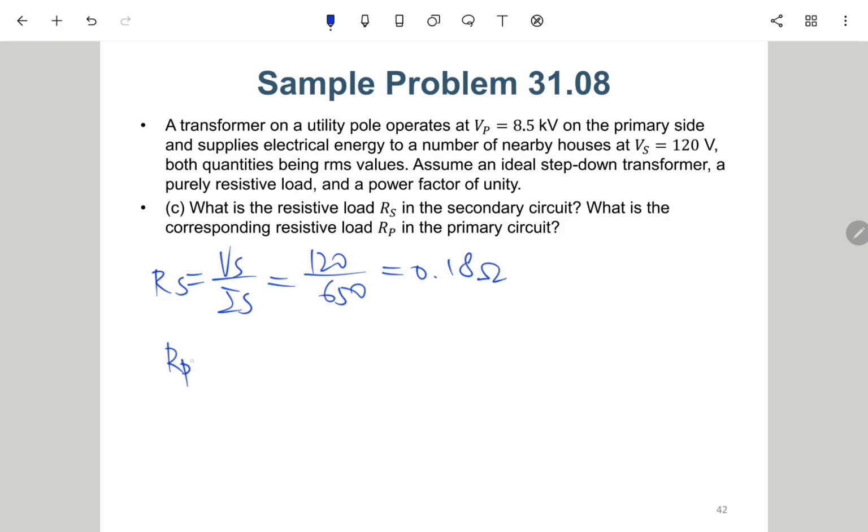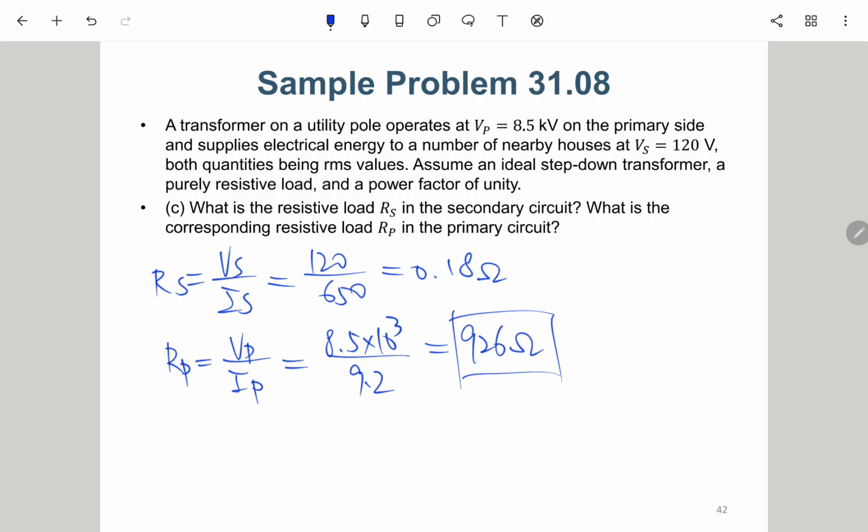And then for R_P, which is V_P over I_P, 8.5 times 10 to the third power over 9.2, this is 926 ohm. So this is a high impedance for the primary coil, and a low impedance for the secondary coil.